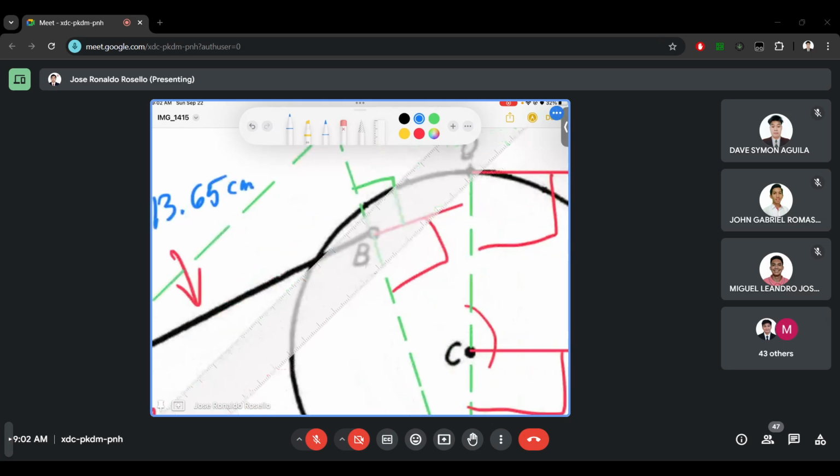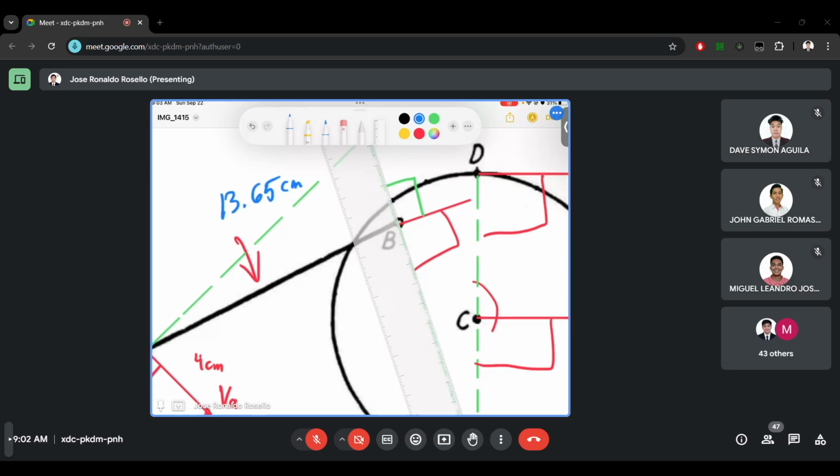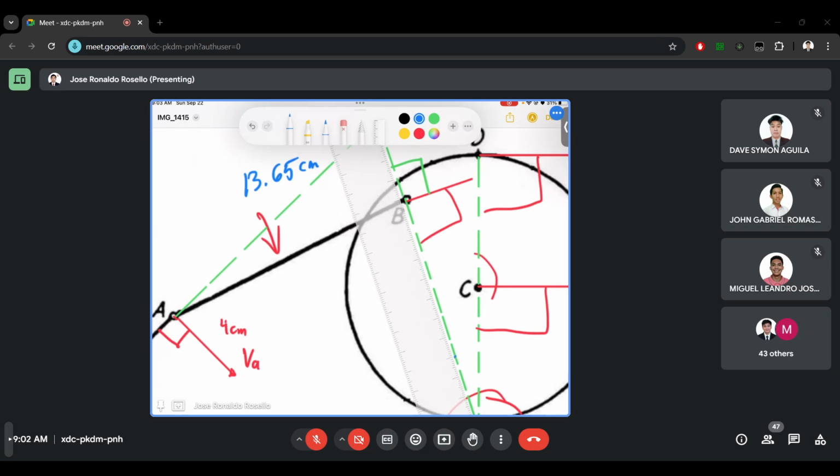Then let's make this also from to the other side. Again 13.65. So this is point A.